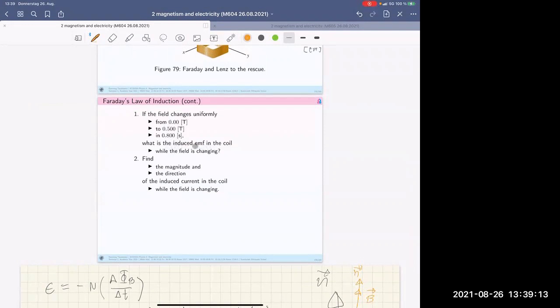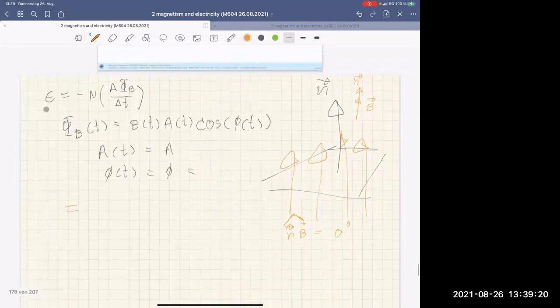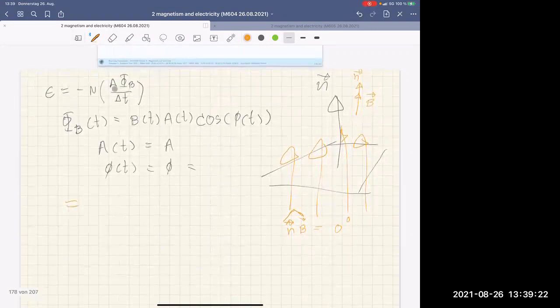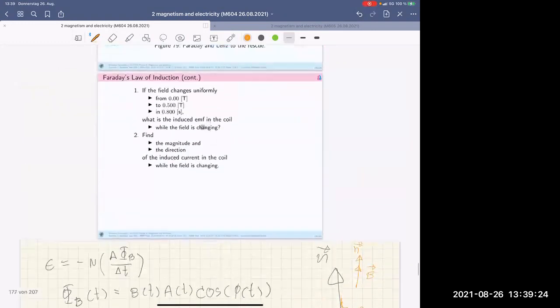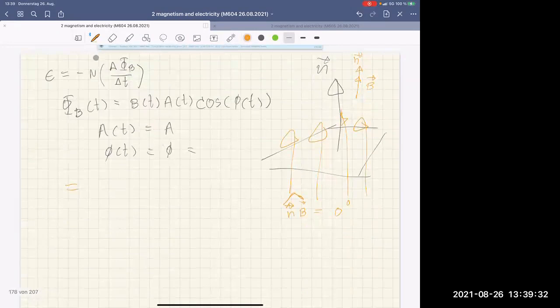Please pay attention to this word because it's not magnitude, so we don't have to use the absolute value on both sides anymore. They just ask for the plain value without any absolute operator. So epsilon right now is going to be minus n.